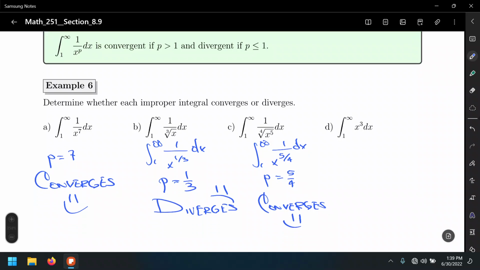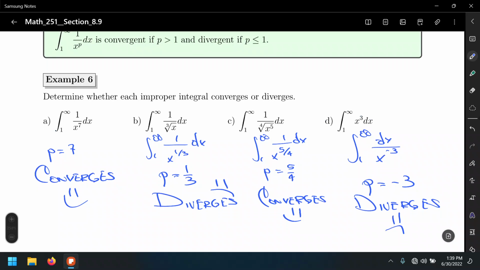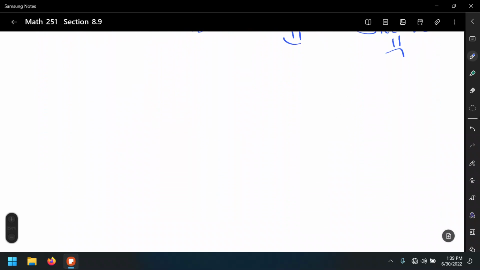That's one reason. The other reason is if we write the integral from 1 to infinity, x to the -3 in the denominator, p equals -3, and because that number is less than or equal to 1, it diverges. All right. And I think this is it for this section, isn't it? Yeah.